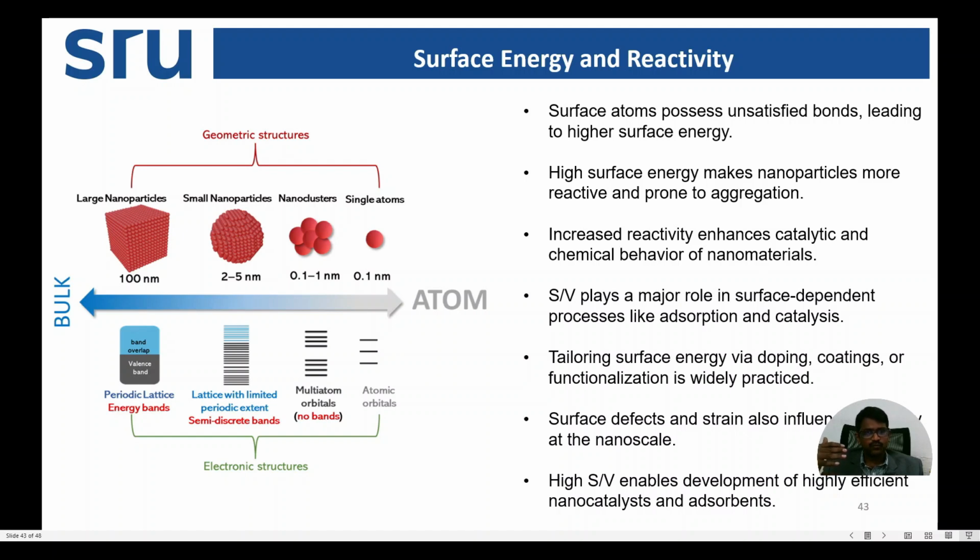So we need all the atoms at the surface so that all the atoms can participate in reaction. How can we bring all the atoms to the surface? Just by increasing surface area. How can we make more surface area?